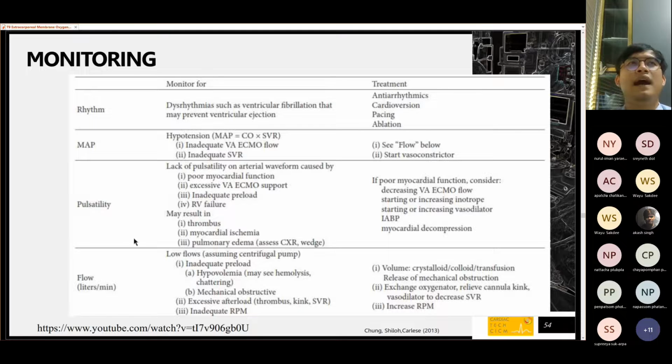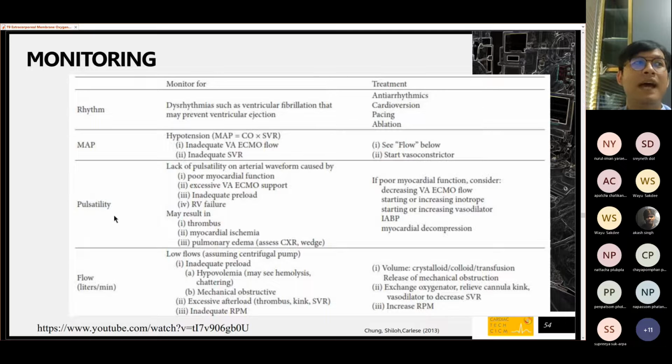Okay. Other monitoring. Here is the detail, as I said above. For rhythm, you can observe from the EKG to observe the pulsing and any arrhythmia. Mean arterial pressure tells you whether the flow is adequate or not. If the mean arterial pressure drops, you try to increase the flow first.